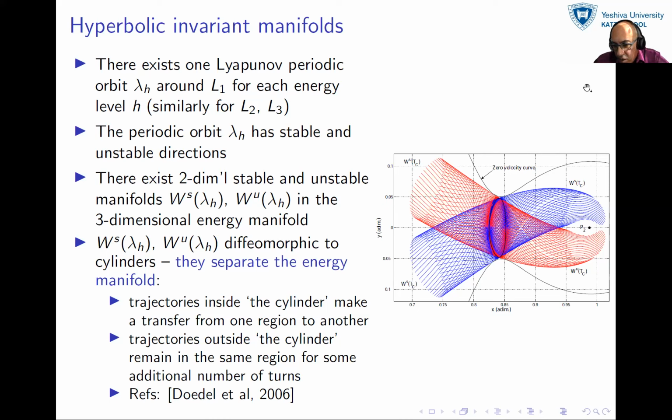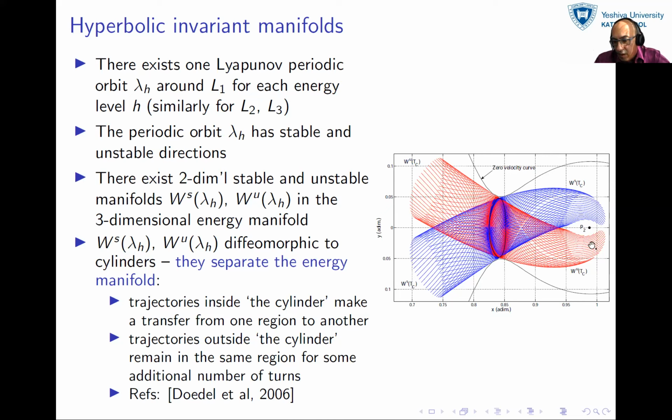What does it mean? It means that, for instance, if you put your spacecraft on the blue cylinder, the spacecraft will move by itself towards the Lyapunov orbit. So this takes zero cost. This is good news. It means that you have some motions that require no fuel and are generated just by the natural dynamics.